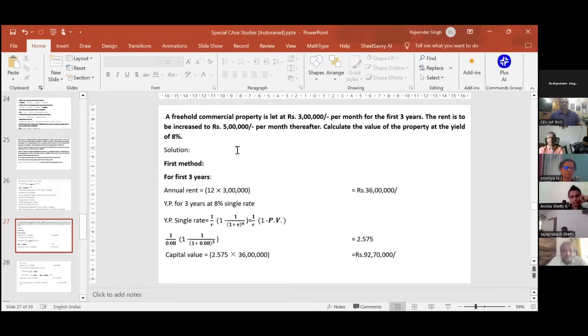Would you try this question yourself? A freehold commercial property is let at rupees 3 lakh per month for the first 3 years. The rent is to be increased to 5 lakh per month thereafter. Calculate the value of the property at the yield rate of 8%.